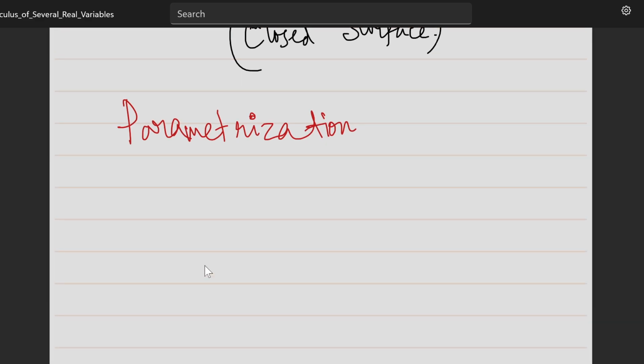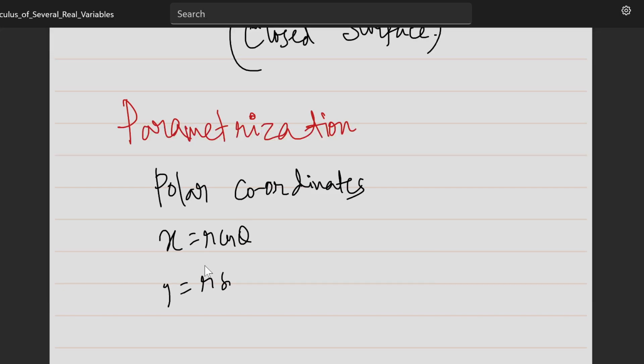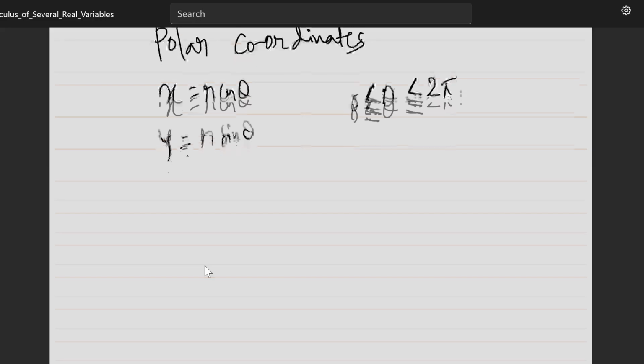You have to use polar coordinates, that is x equal to r cos theta, y equal to r sin theta, with theta varying from 0 to 2 pi. Suppose it is given first quadrant, then theta varies from 0 to pi by 2. You should look carefully in your question whether it is given first quadrant or first octant.